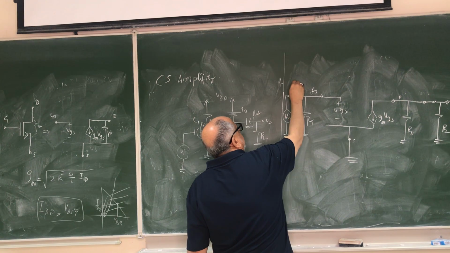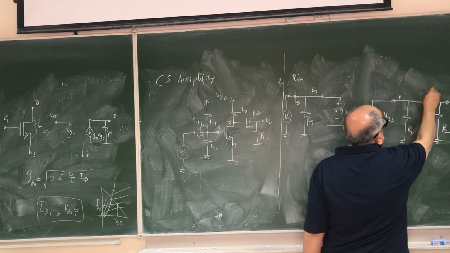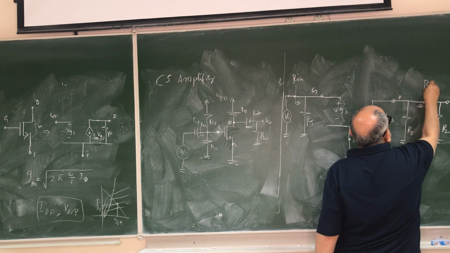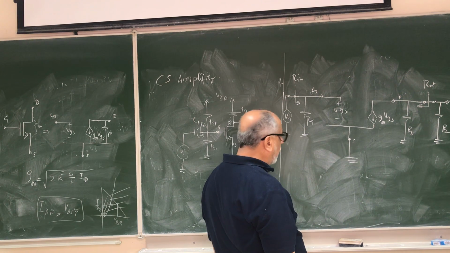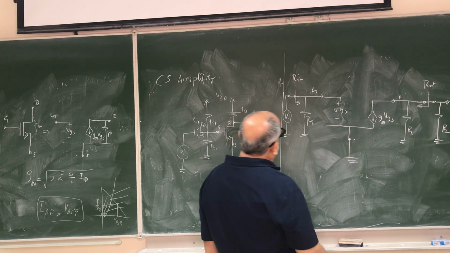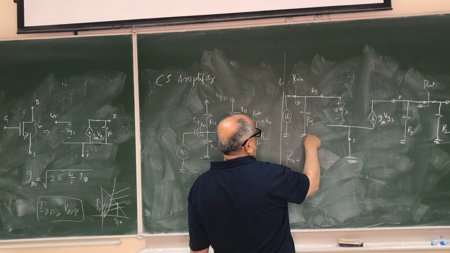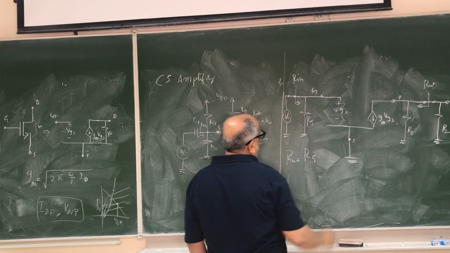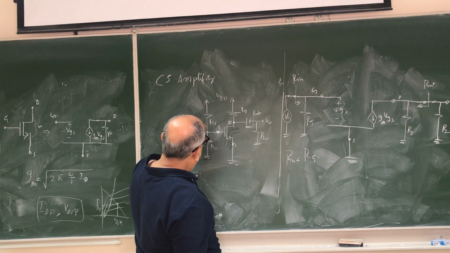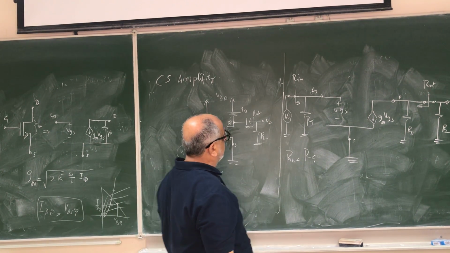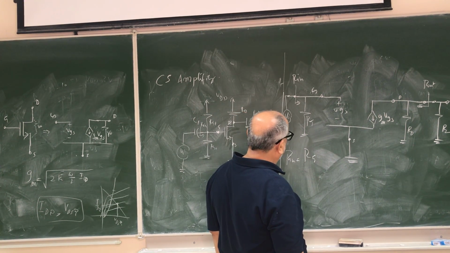Now the input resistance is the resistance seen after the source. The output resistance is the resistance seen before the load. Now what you can see here, R in, to find R in, is nothing except RG here. We use big values here so that we keep the input resistance of the MOS high.